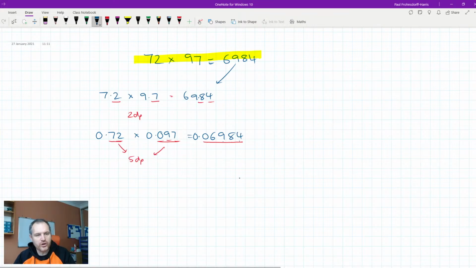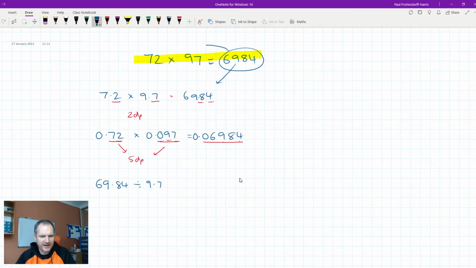We can also talk about division. Remember I said about division? What about 69.84 divided by 9.7? We talked about the fact that if that's the answer to a multiplication, if we work it backwards with the times 9.7, if we divide by that, the answer must be 7.2. We know they're the digits, but how many decimals? Well, in this scenario, we start with 2, and then we cancel one.